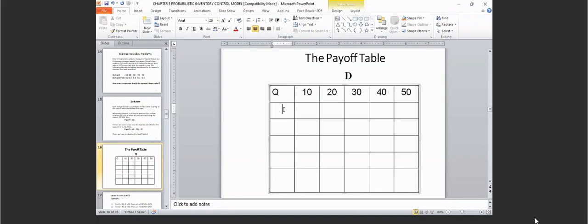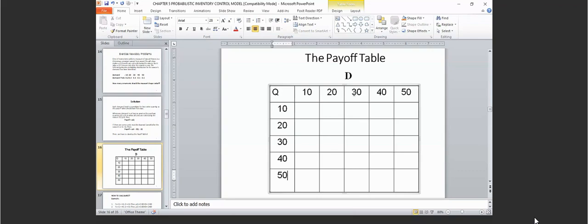So we start with 10 units, 20 units, 30, 40 and 50 units. So here we have the expected demand of 10 units, 20 units, 30 units, 40 units, 50 units, and the quantity order must be parallel with the demand here, 10 units, 20 units, 30 units, 40 units, and 50 units.